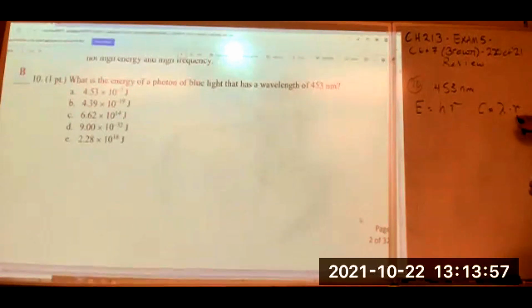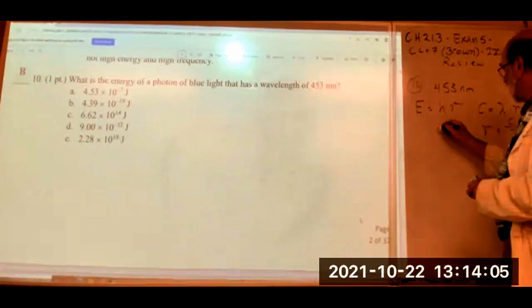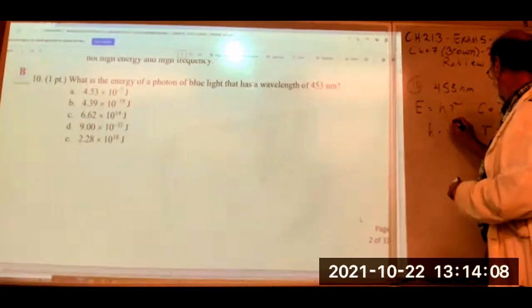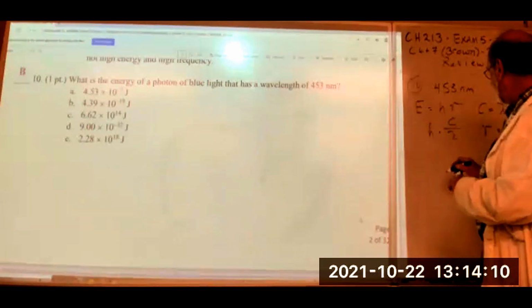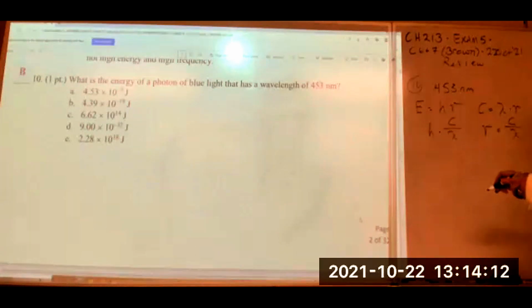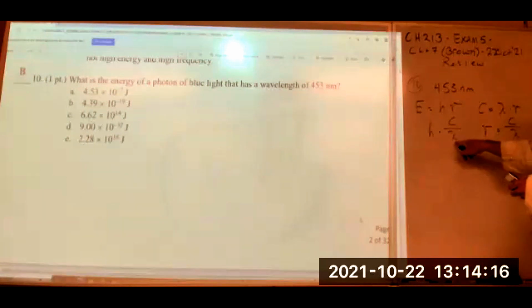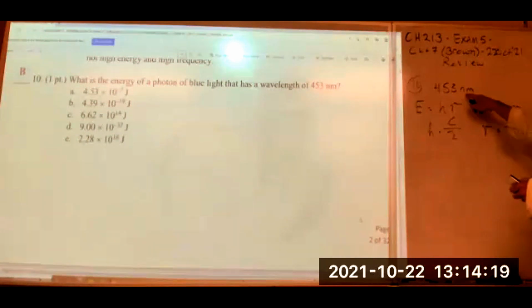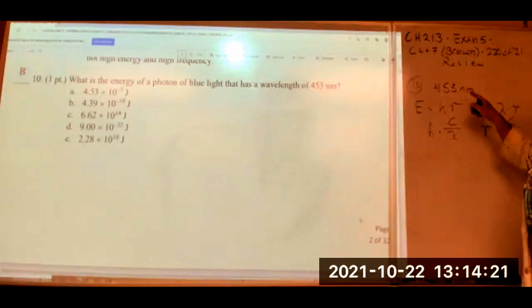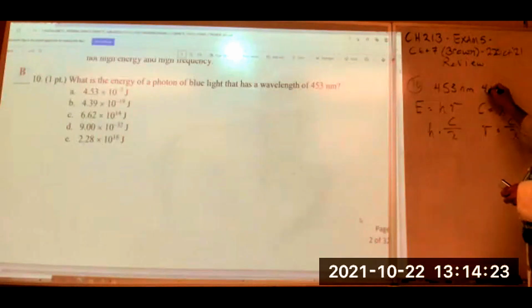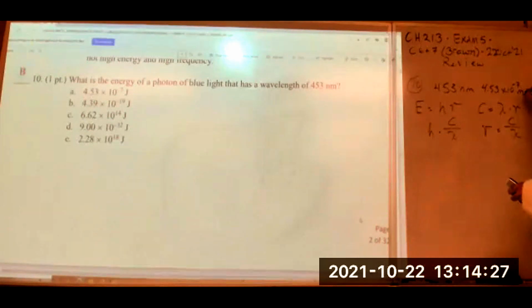We can say frequency equals C divided by lambda. So we could say here H times C divided by lambda. Okay? But we have to have the right units of measure. That wavelength here is in nanometers. We need meters. 4.53 times 10 to the minus 7 meters.